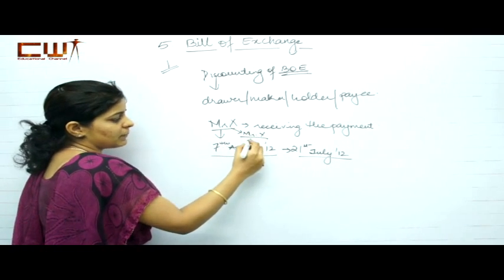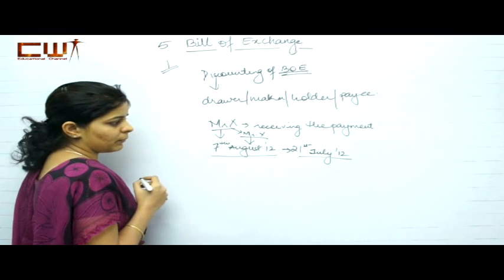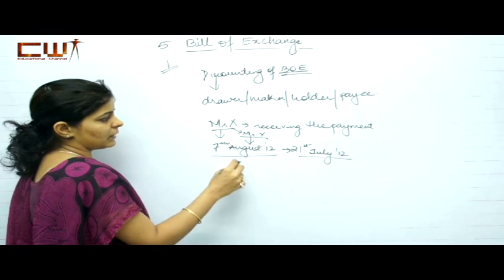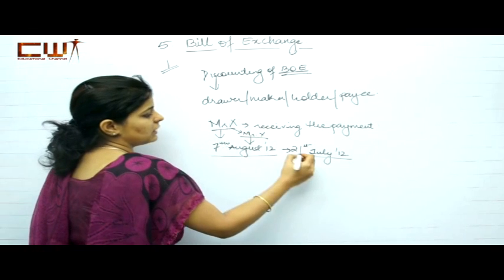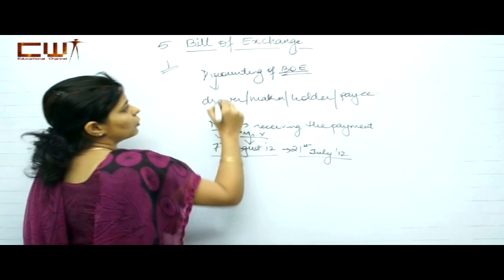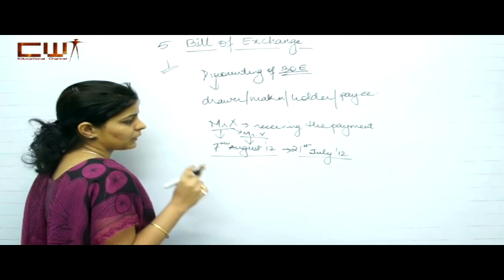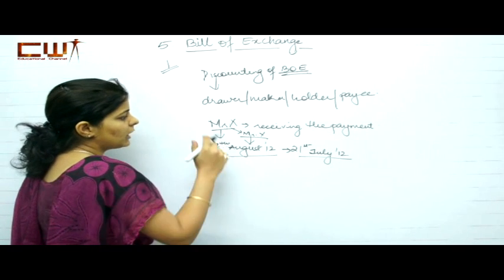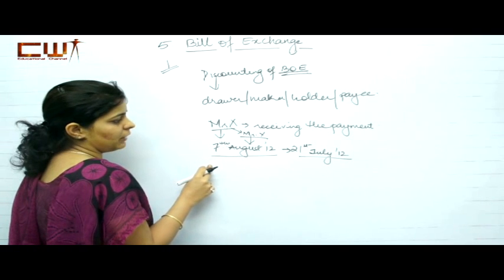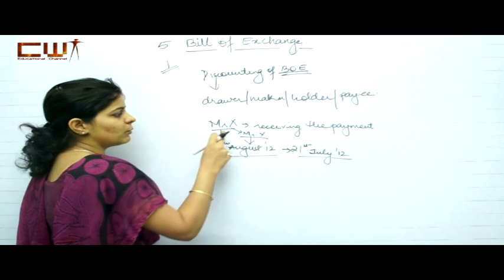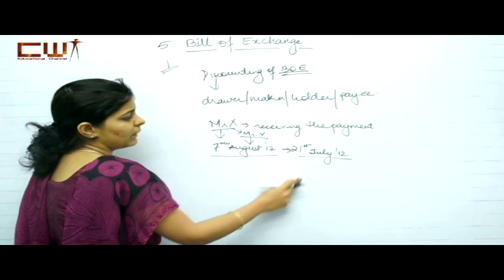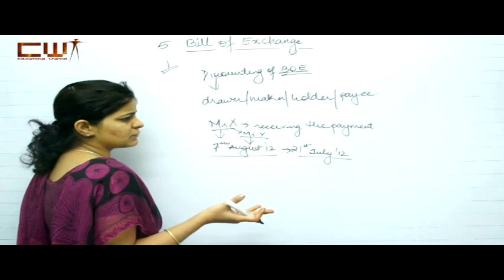So Mr. Y will deposit the money on 7th of August, not before that. So what will happen now? Mr. X, if he needs the money earlier, he will go to the bank and he will get that bill discounted, right? So what bank will do? Bank will give him the payment from their account to Mr. X on 21st of July, and they will take some charges out of it.